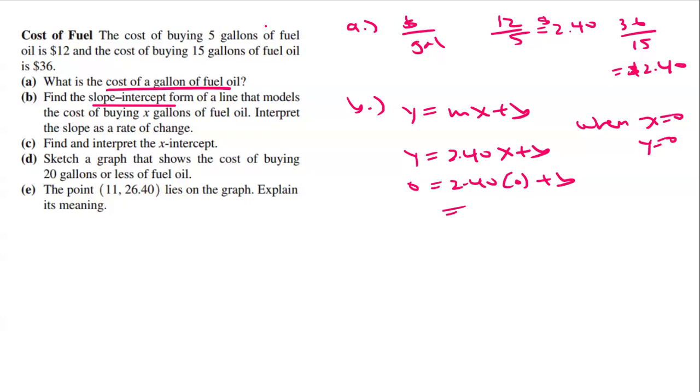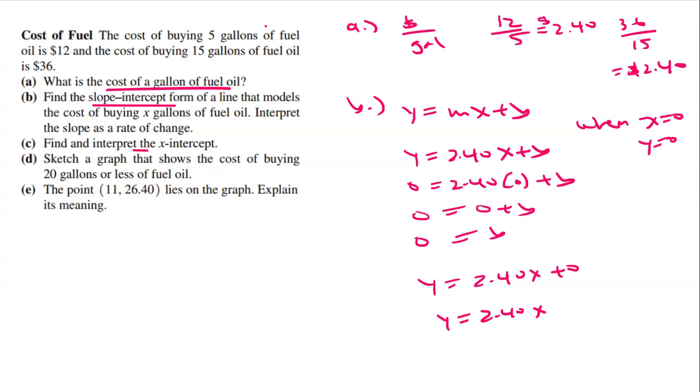So in this case, we get 0 equals 2.40 times 0, which is 0, plus b. So b is equal to 0. So there's no starting point. So b is 0, and we get y equals 2.40x plus 0, or just y is equal to 2.40x. So that's part B.